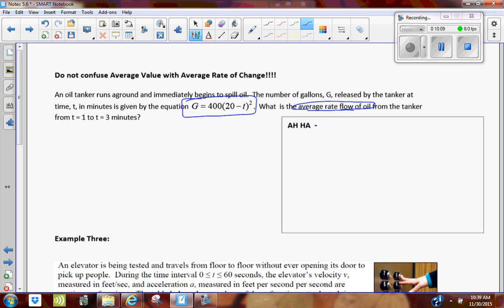So this is a time interval, okay? Now, probably first thing you need to say to yourself is, is G a position, a velocity, or an acceleration? Why is it position, Garrett? Okay, so it's the number of gallons?